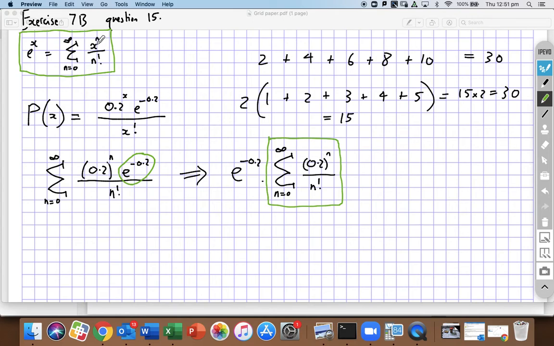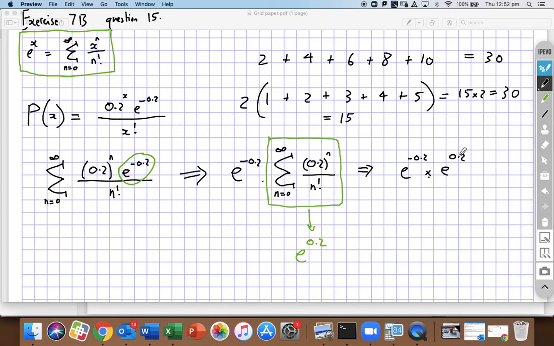If x was 0.2, then that x would also be 0.2. So what we're saying is that this here has to equal e to the power of 0.2. Therefore, it follows that I'd be left with e to the minus 0.2 times e to the 0.2.